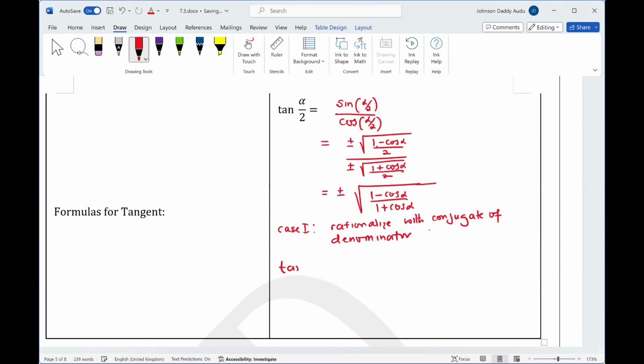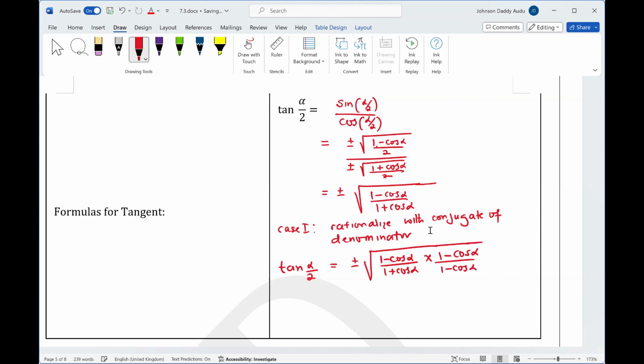So in that case, we will have tan alpha over 2 equals plus or minus the square root of (1 minus cosine alpha) over (1 plus cosine alpha). So we will multiply by (1 minus cosine alpha) over (1 minus cosine alpha), you see?